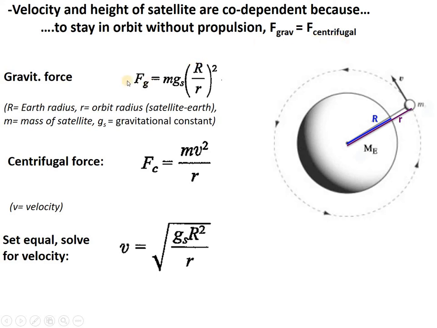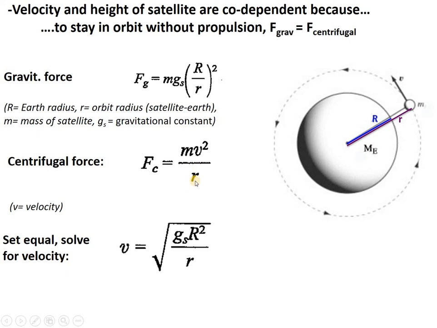Gravitational force here is given by mass times the grav constant times Earth radius divided by orbital radius. So that's the force pulling the satellite down towards Earth. The force counterbalancing that is the centrifugal force, given by the mass times velocity squared divided by the orbital radius.